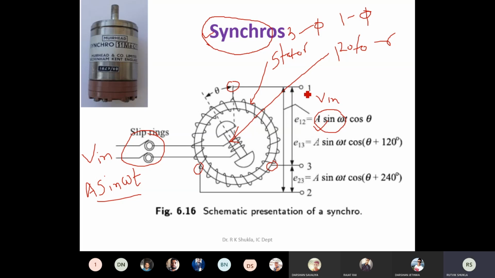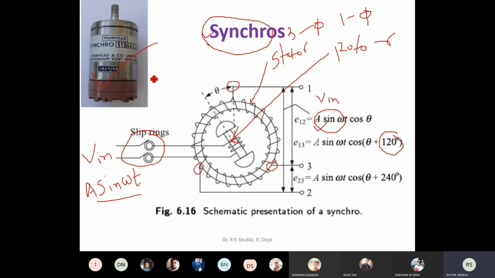The output which you are getting between 1 and 3 is V in cos theta plus 120, as the windings are displaced from each other by 120 degrees. That's why your output is V in cos theta plus 120. If you measure the output between terminal number 2 and 3, then your output is V in cos theta plus 240. This is what the construction or the schematic diagram of the synchro shows.